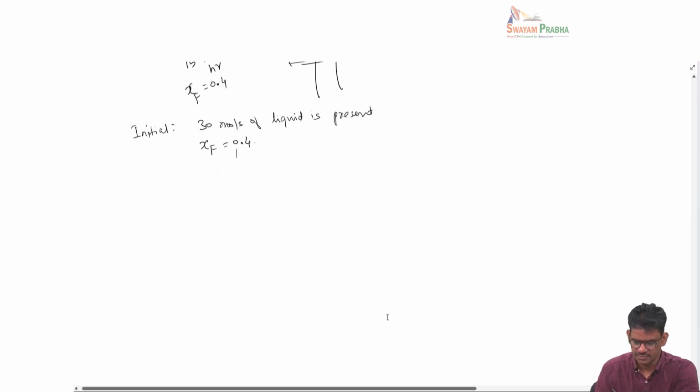So we'll do a mole balance for the total material and for species A, in this case benzene.